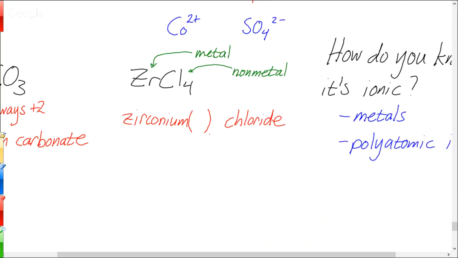How did you know that? And what's the charge on chloride? -1. So we know that chloride is -1, and there's 4 of them. So that means that the zirconium must be +4 to balance that out, because the overall compound has to be neutral, so +4 -4. All right, so we'd write a Roman numeral 4 there, and that would be our correct complete name.